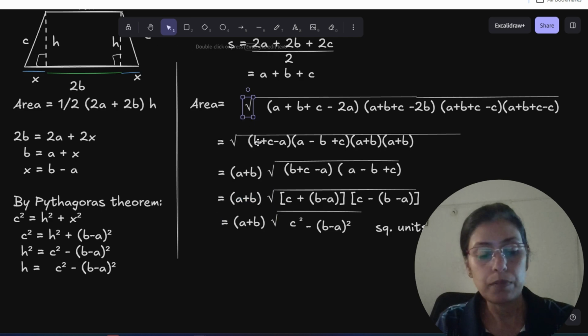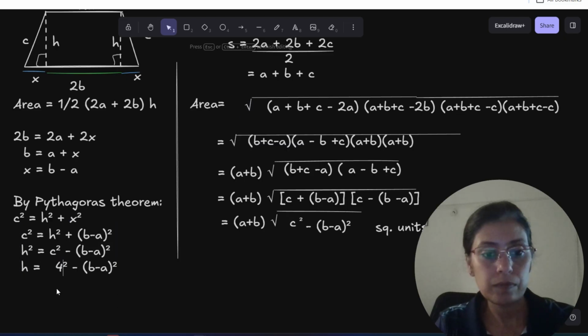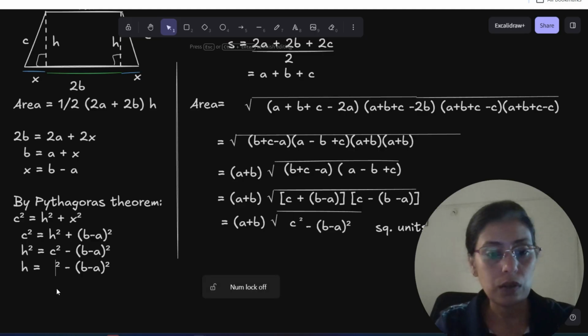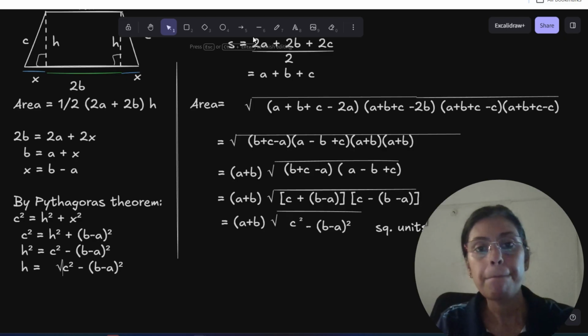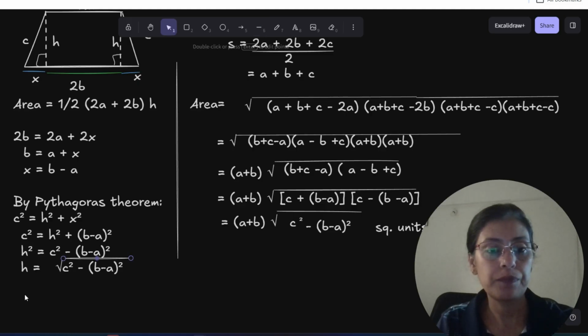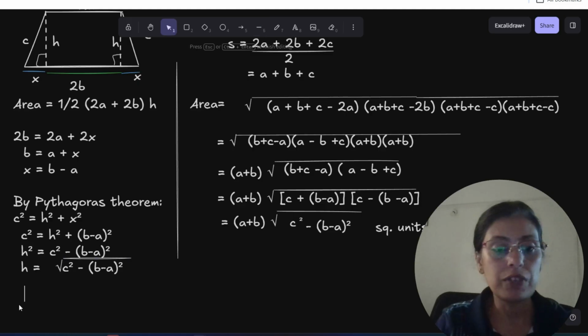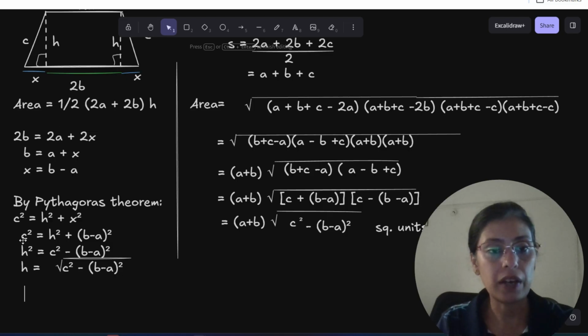So h is this. Now I've written the formula there, right?